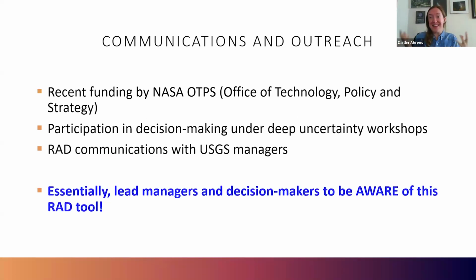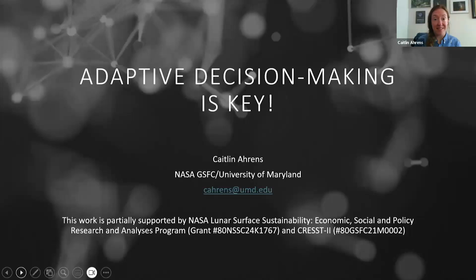But it's essentially getting everybody aware that there's so many decisions to be made when exploring the moon, going to the moon, and eventually having a sustainable presence at the moon as well.